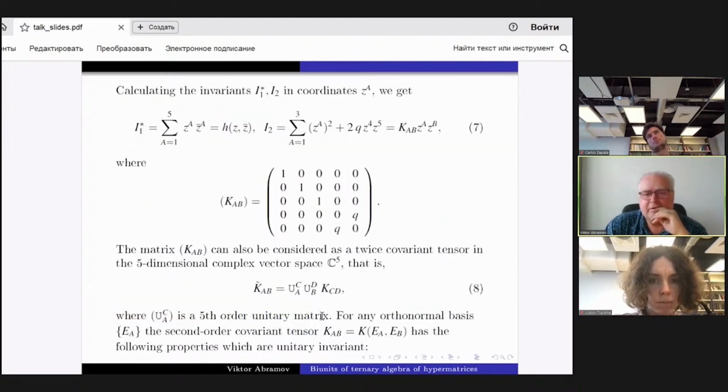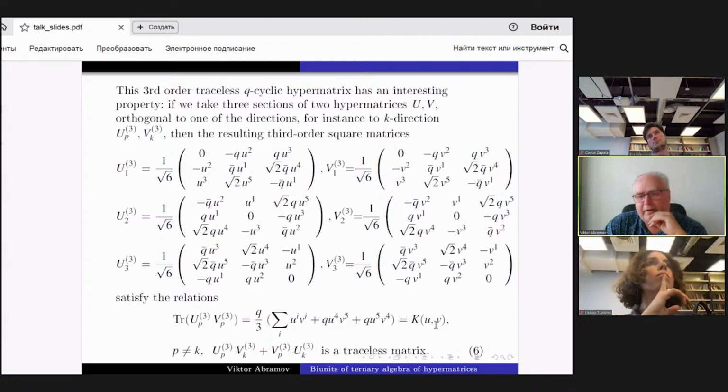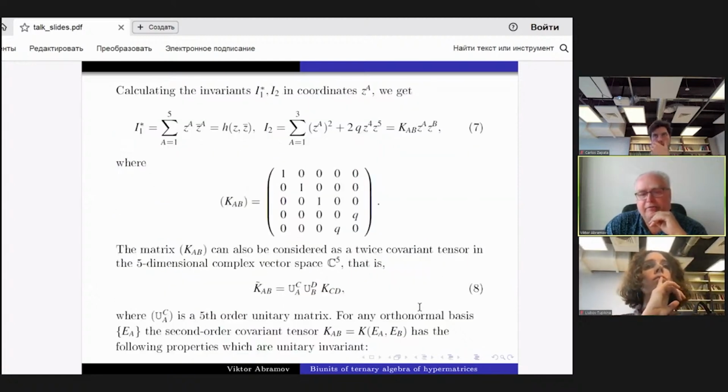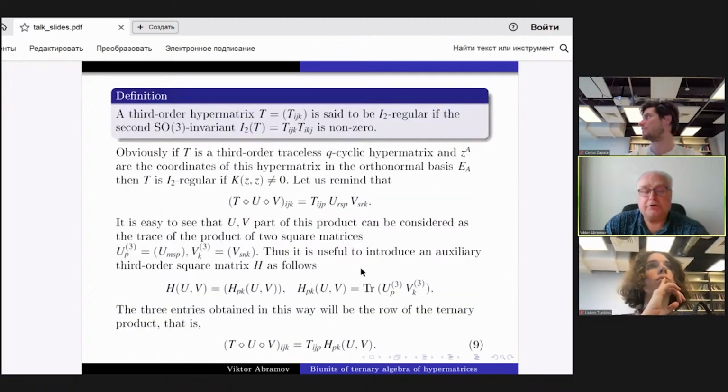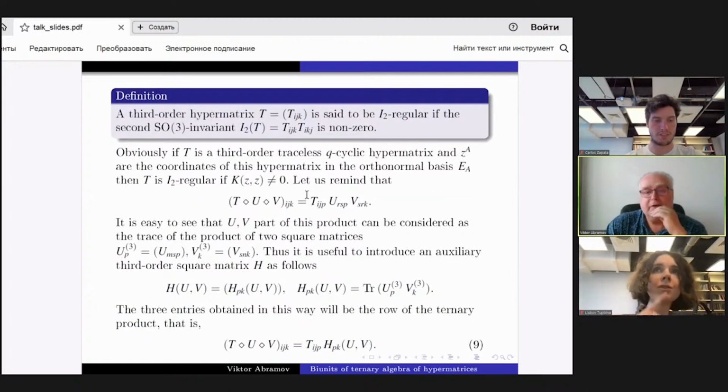Maybe I will continue now. So here I multiplied and I get this bilinear form. And now it's useful to introduce the notion of hypermatrix.